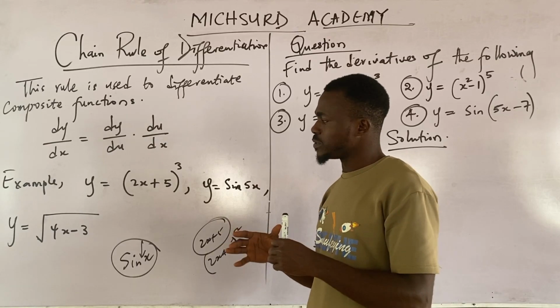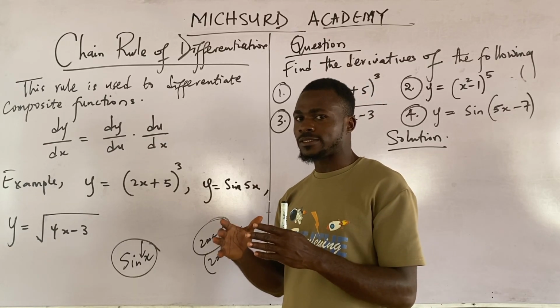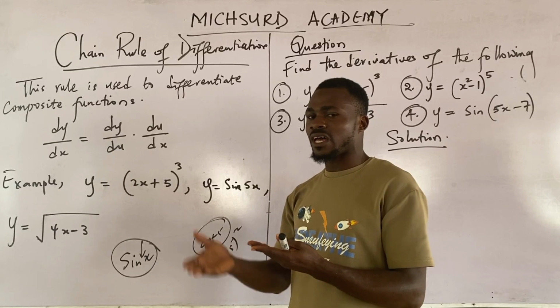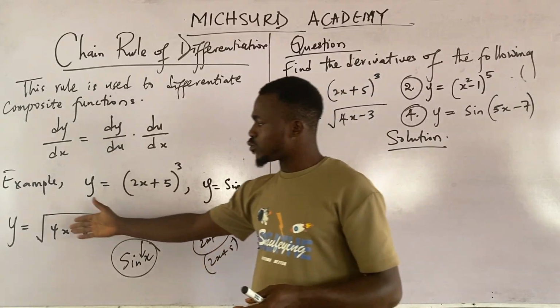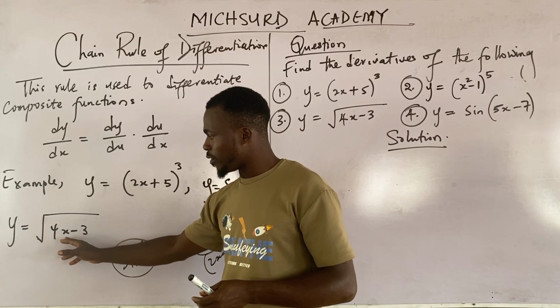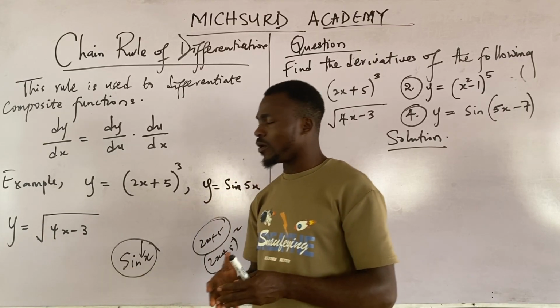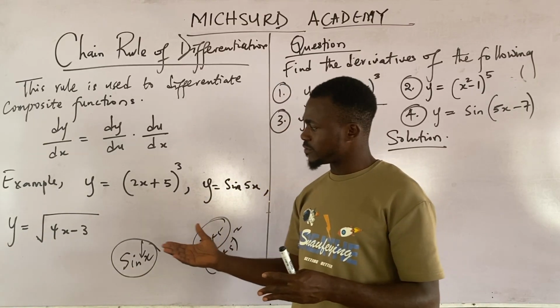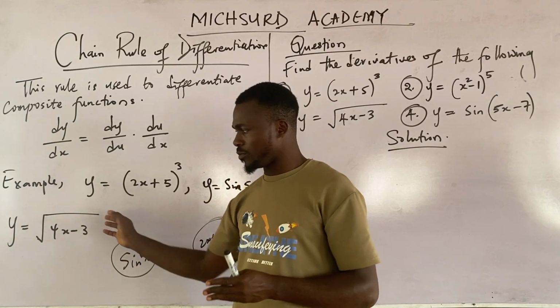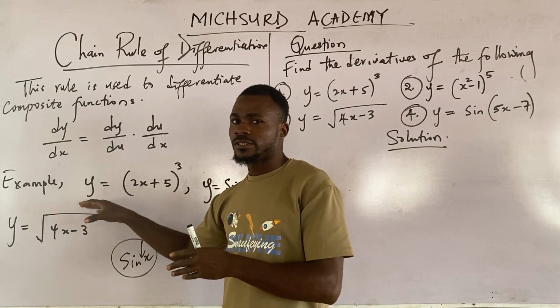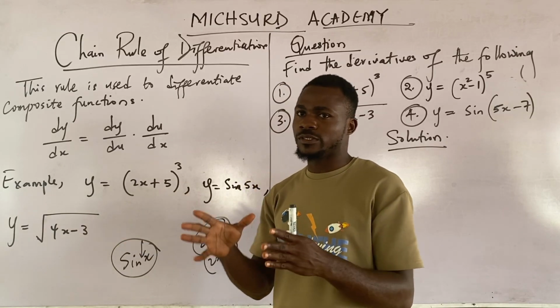When we talk about composite functions, we are looking at functions that have other functions embedded in them. Same with y equals square root of (4x - 3). The simplest form should have been 4x - 3, but we have a square root on it, so that makes it a composite function.